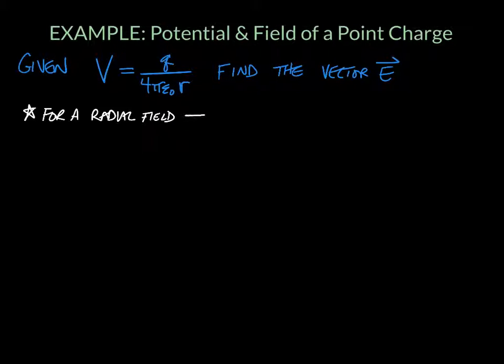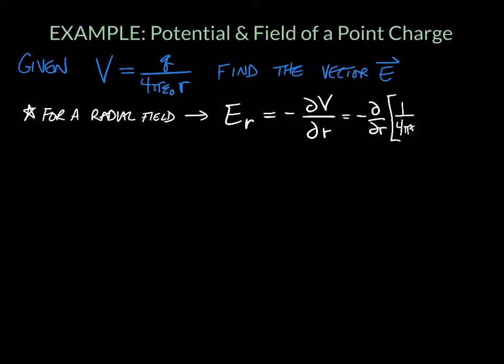So we can write E sub r, meaning for the radial direction, and according to what we just worked out, that would be the partial of the potential with respect to r, which would be the minus d/dr of what we just saw, 1 over 4 pi epsilon naught q per r, which means E sub r, be careful here that this r is understood as a subscript, not a multiplier.